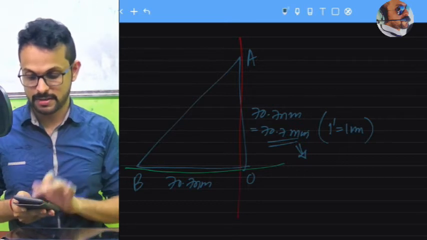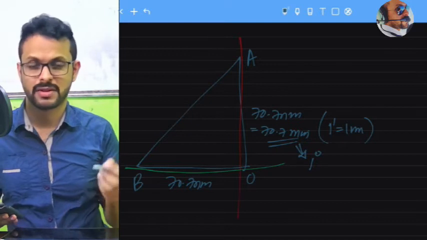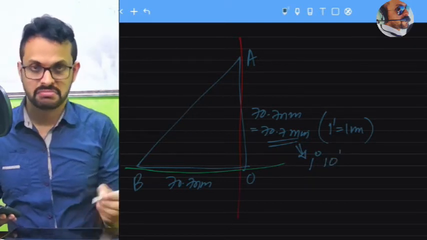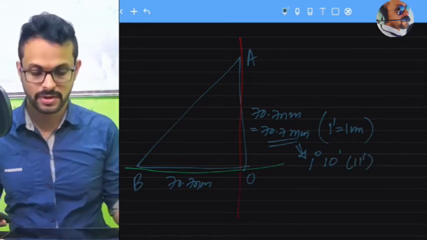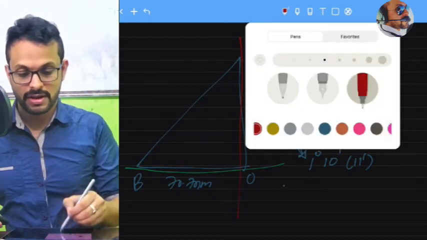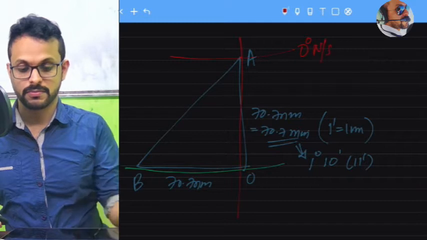Perfect. And that's going to give me 1 degree and about 10 minutes and 45 seconds, or take it as 10 minutes. You can also expect 11 minutes in the answer as well, because it's close to 11 minutes, right? So 1 degree, 10 minutes. Now we know that we were initially on the equator from the question.